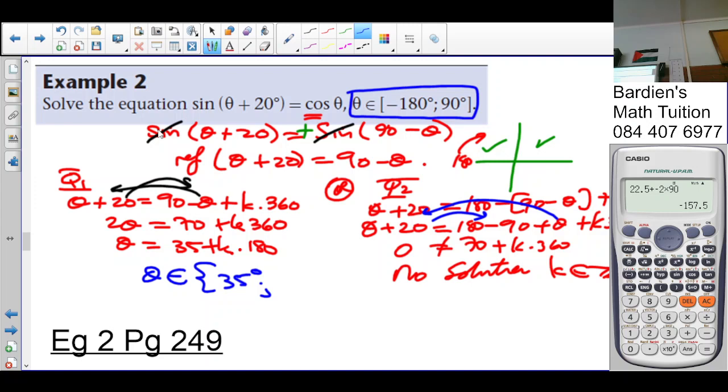Now I put 1 where I say k: 35 plus 1 times 180 gives you 215, which is outside. Then I put in negative 1, and I get 145, so check if that's correct. If I put minus 2 in, it's going to be outside. That's where we stop.